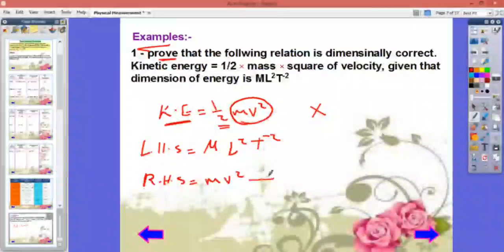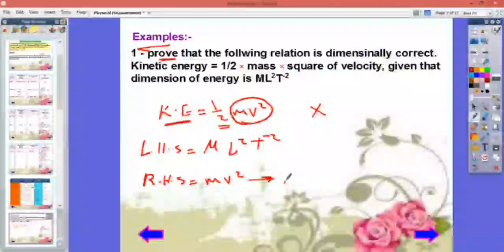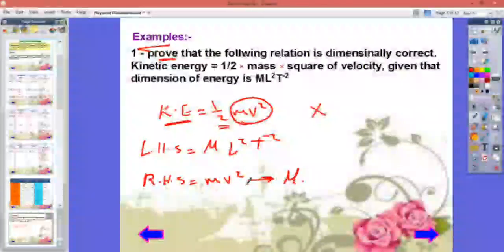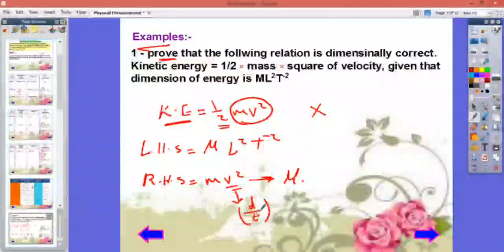The dimensional formula of m is mass, a fundamental quantity, so it is M. What about velocity? Velocity equals displacement over time, so velocity square equals displacement over time square. So the dimensional formula of velocity square is L power 2 divided by T power 2.